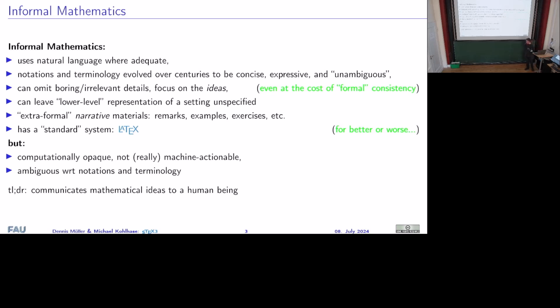We have a whole bunch of notations and terminology that has evolved through cultural evolution over centuries to be concise, expressive, and quote-unquote unambiguous. They're not actually unambiguous in practice. But usually by context you know what they're trying to mean. We can focus on the actual ideas because that is what matters to other human beings, rather than having to deal with boring and irrelevant details. Occasionally even at the cost of technical formal consistency.